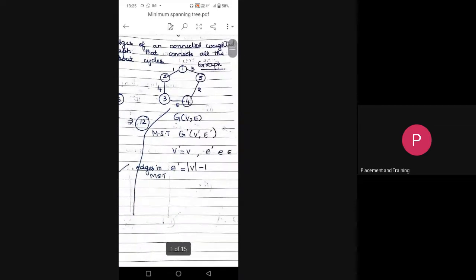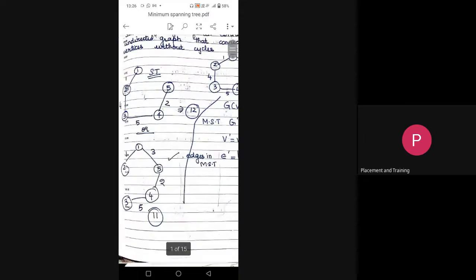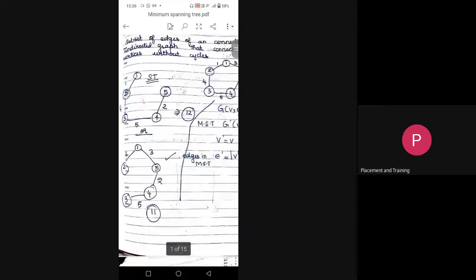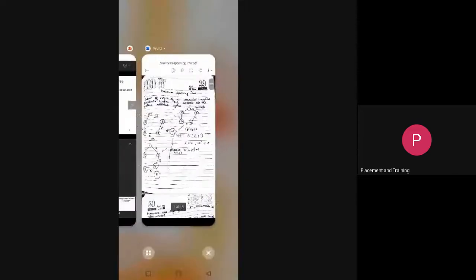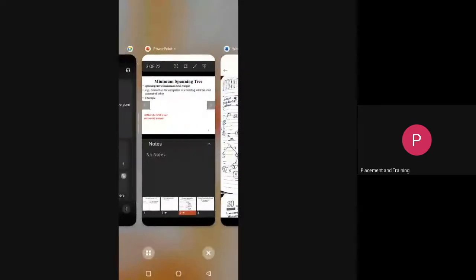Another property of my spanning tree is that the number of edges, the ones which connect the vertices, will always be the number of vertices minus 1 of the original graph. In my above graph, how many edges do I have? 1, 2, 3, 4, 5. In my spanning tree, I'll have only 4. This is one of the properties. This was the example which I prepared for the class.